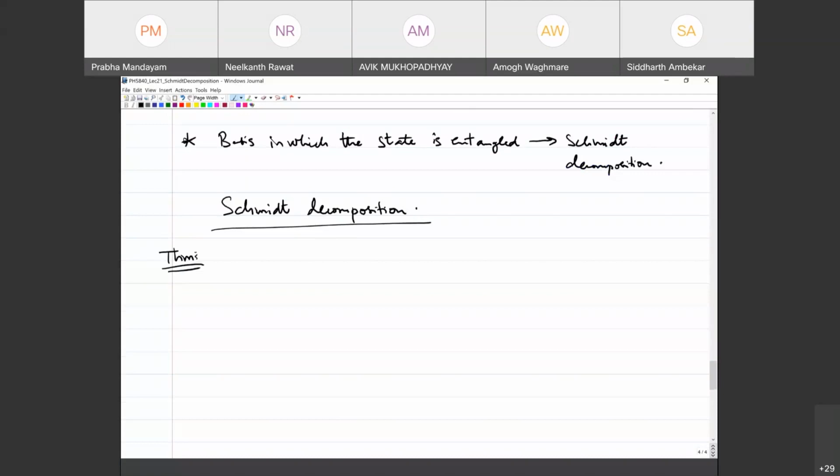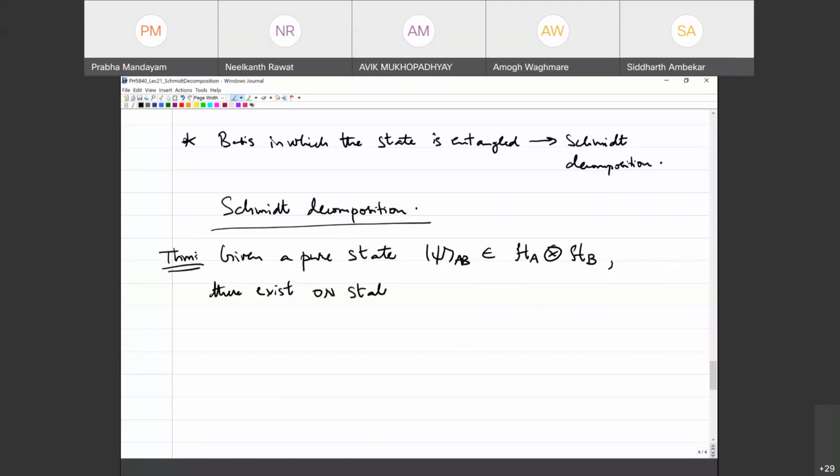It says that given a pure state psi which belongs to some joint Hilbert space HA tensor HB, then there exist orthonormal states. So I should say local orthonormal states, right?